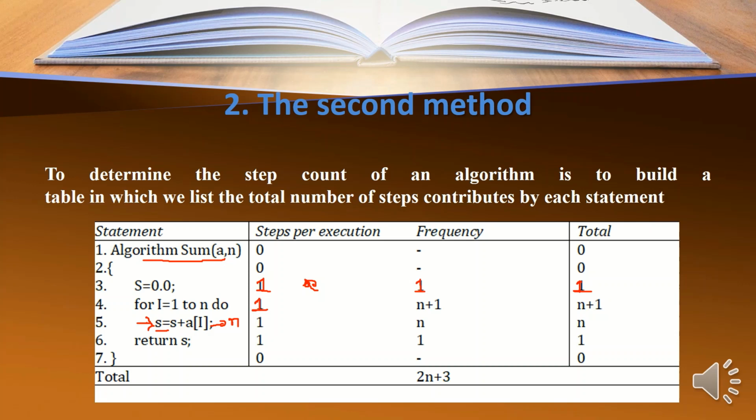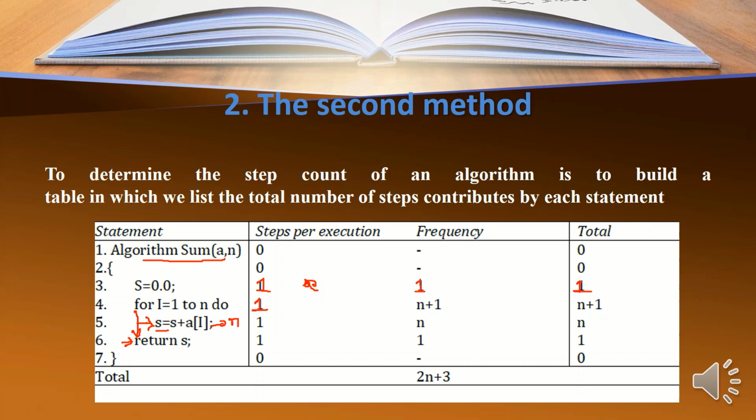You can see here, this is exactly below the for loop line. That means return s is outside. Return s will not get executed based on the for loop. Once the for loop completes its execution, only then will control be transferred to return s. So return s is not dependent on the for. So steps per execution is 1 and the frequency is 1. 1 into 1 is 1.